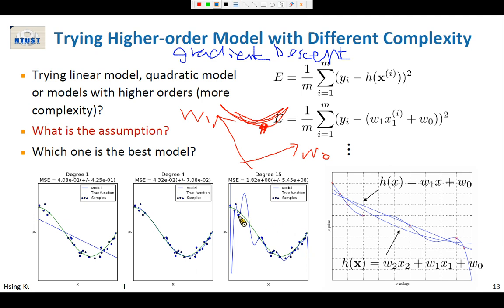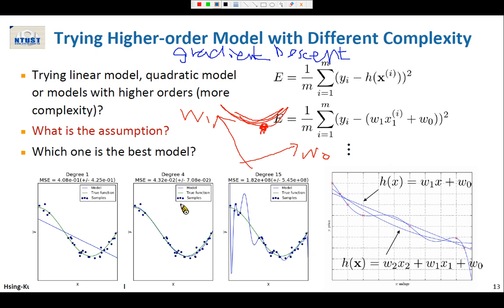Before, we talked about how to evaluate the result. For instance, we can evaluate the model variance, or maybe you can call that stability, to make sure that degree 15, for instance, is not a good model. But it's not that easy.